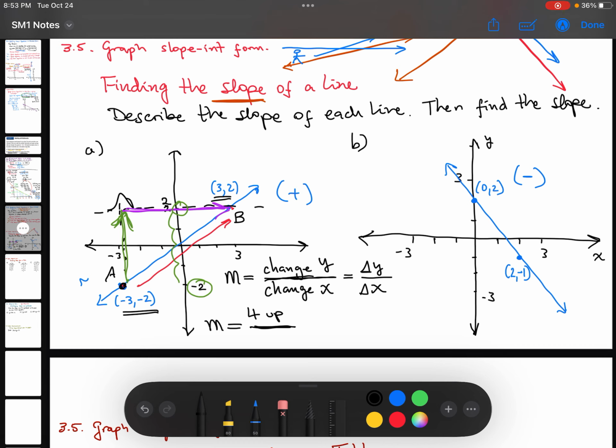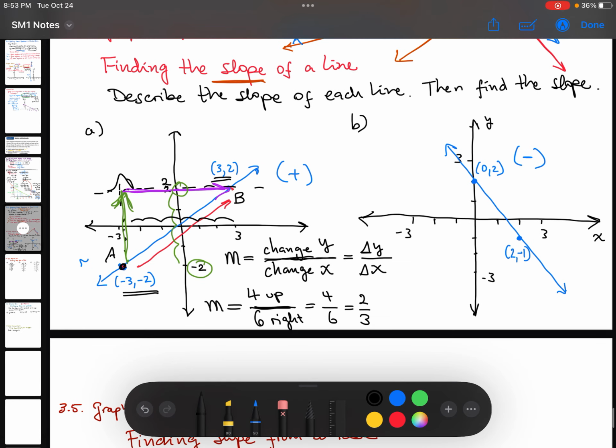You will have to go from -3, 1, 2, 3, 4, 5, and 6 to the right. So it means 4 over 6. We just have to simplify this fraction to 2/3. That's the slope.